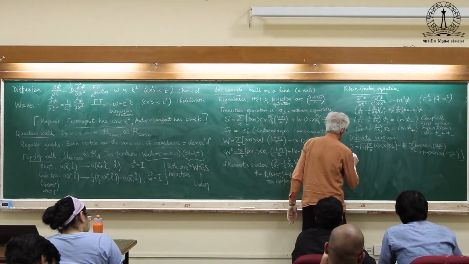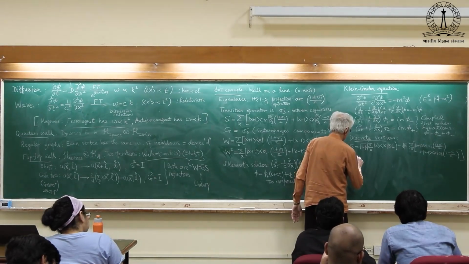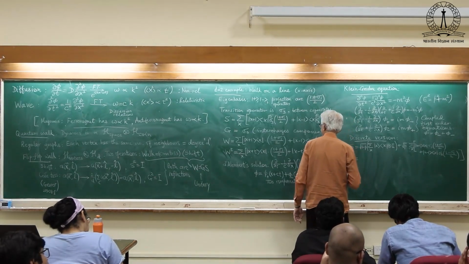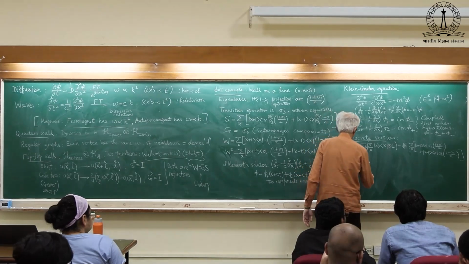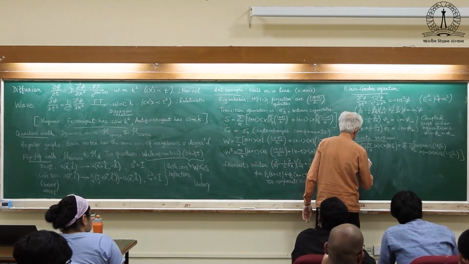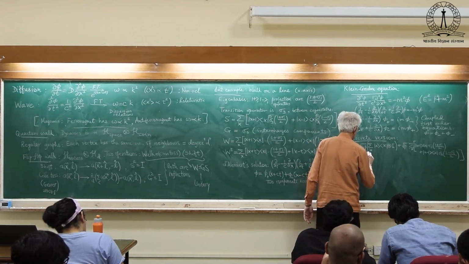So now I can write this W, which will again have root 1 minus p.